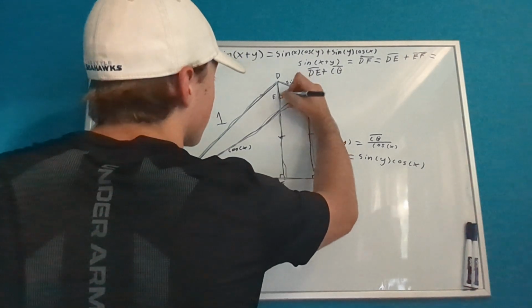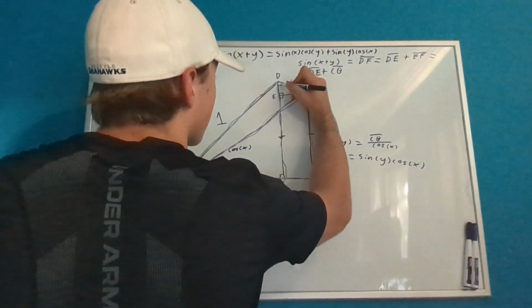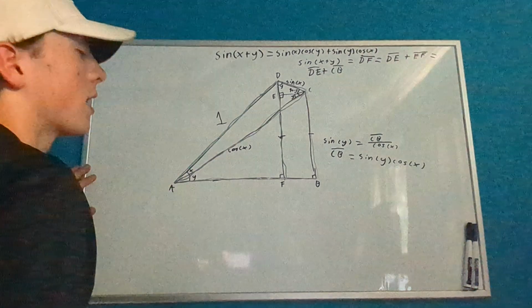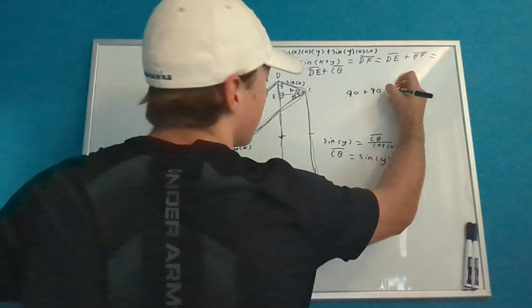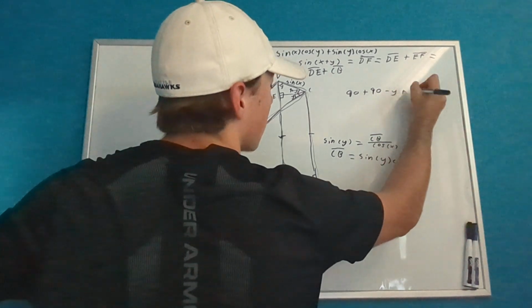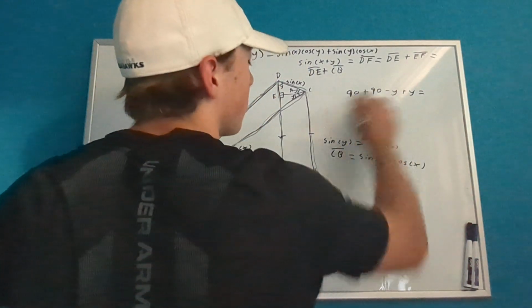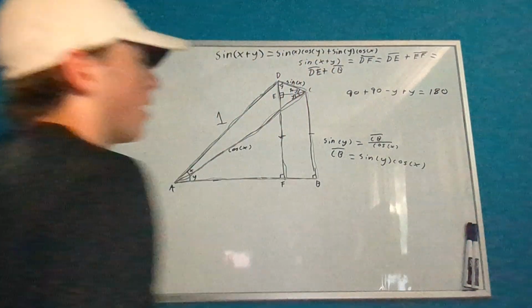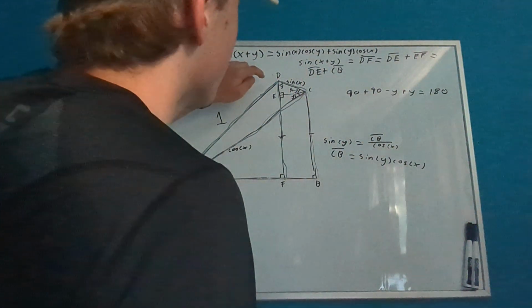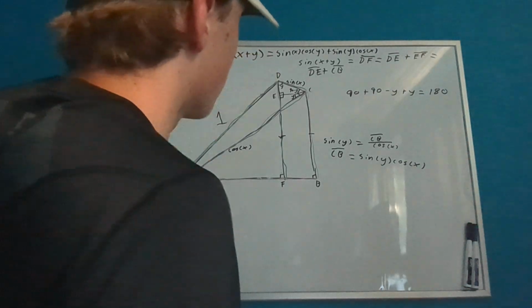This angle here is 90 degrees, and then we can say up here, this is y. Why can we do that? Well, 90 plus 90 minus y plus y equals 180. The y's cancel out, and 90 plus 90 equals 180.